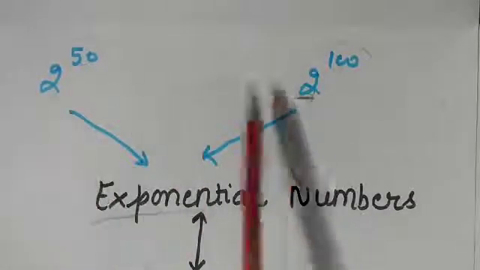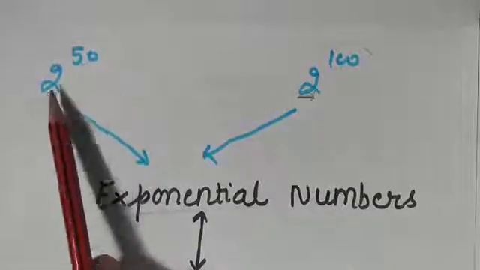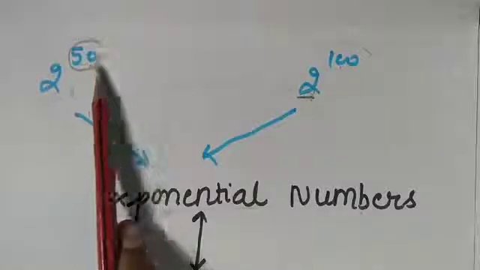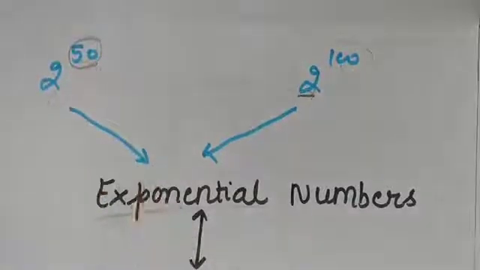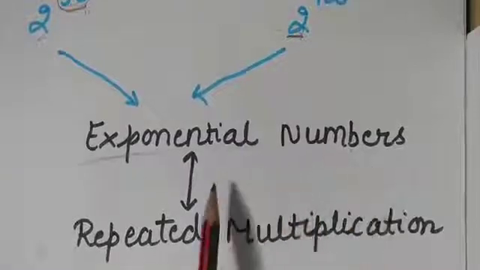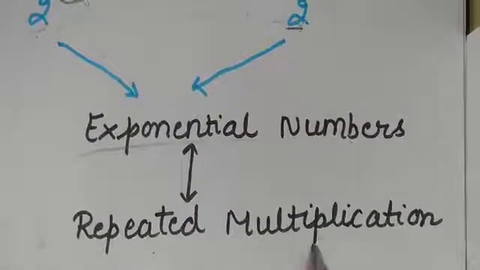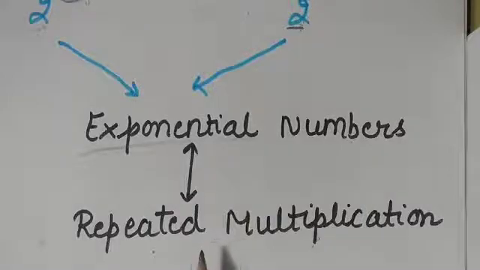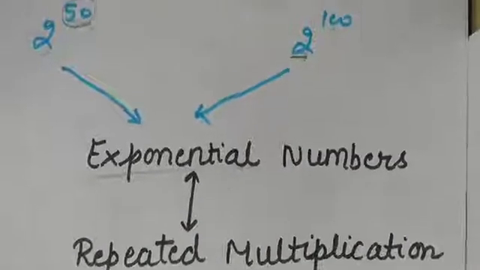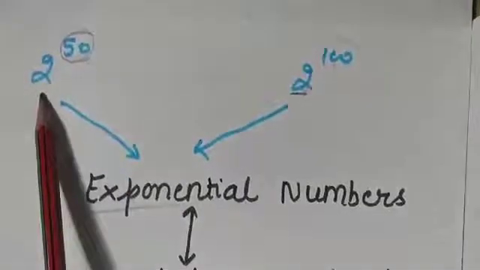Okay, these types of numbers, when one number is written in the superscript of another, are known as exponential numbers. And this is the repeated multiplication. This we have learned in the above example, that repeated multiplication can be written in this manner.